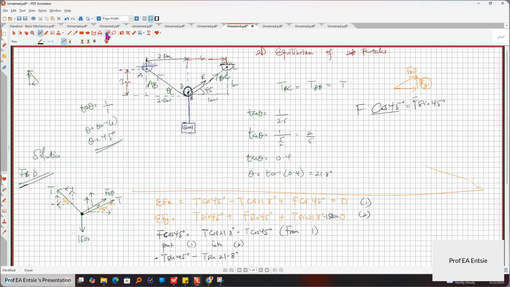Let me break it down for you so that you get the whole picture. I made F cos 45 the subject for question one, and this is what I have.